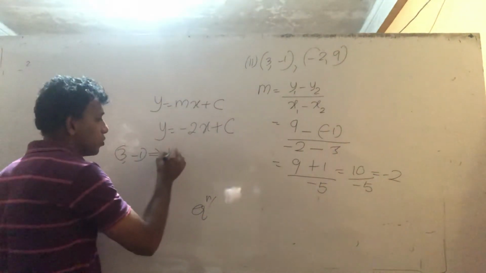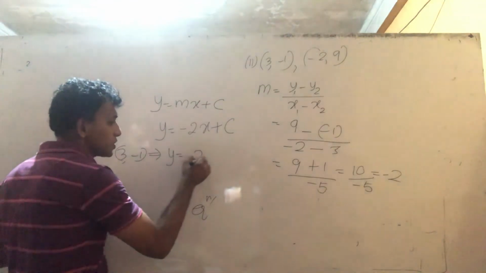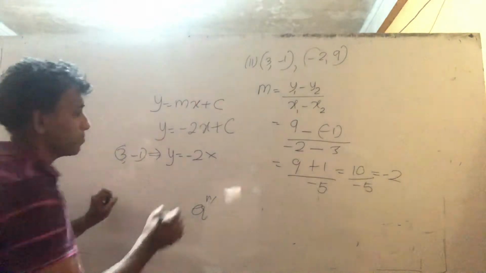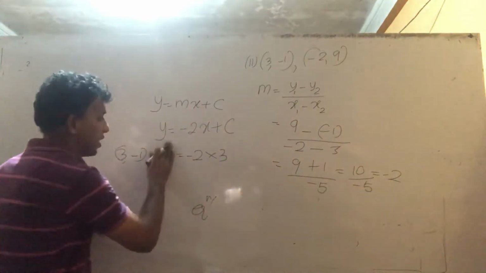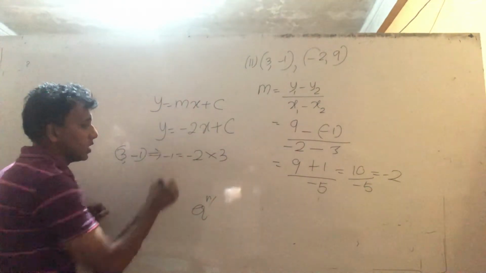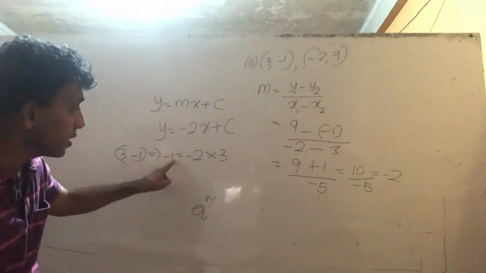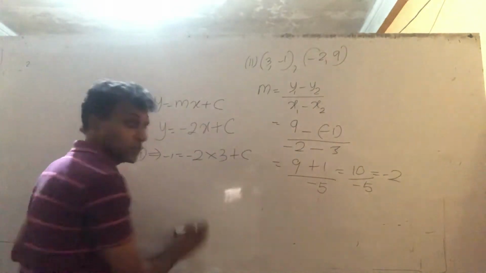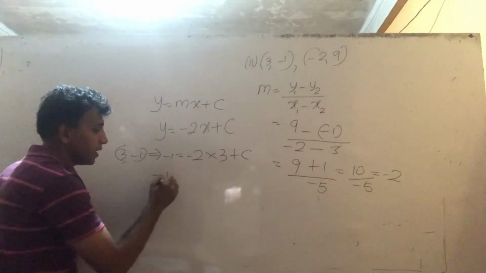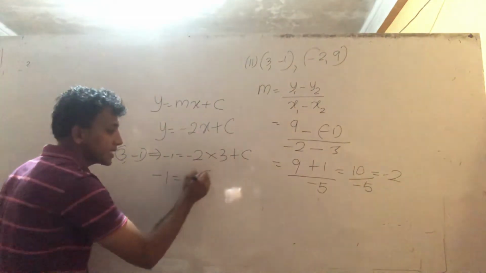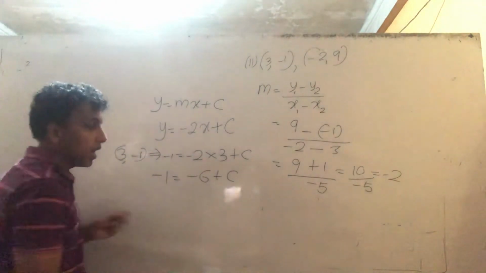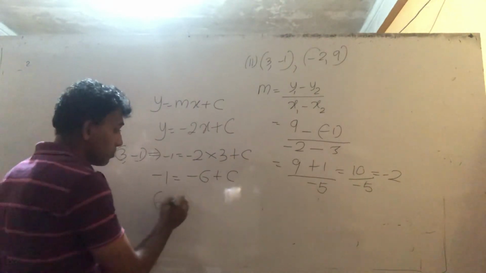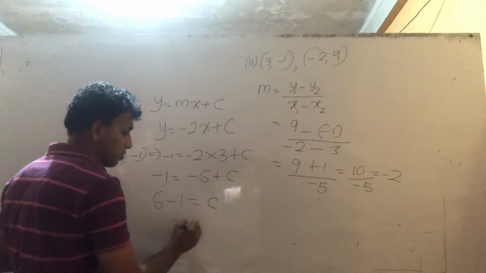So y = minus 2 times x, for x put 3, for y put minus 1, plus c. So minus 1 = minus 6 + c. Take the minus 6 to this side, plus 6, and c equals 5.